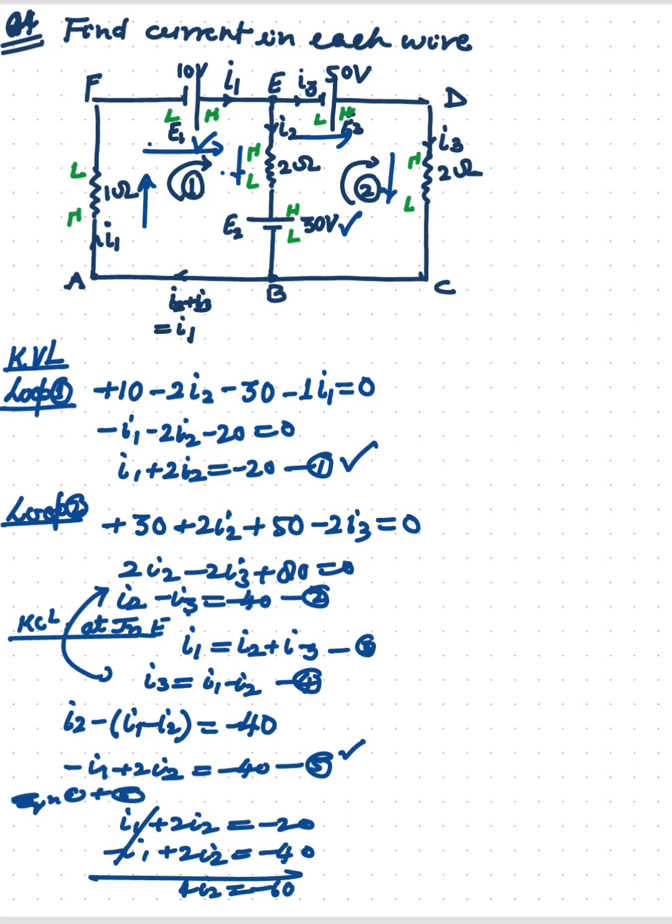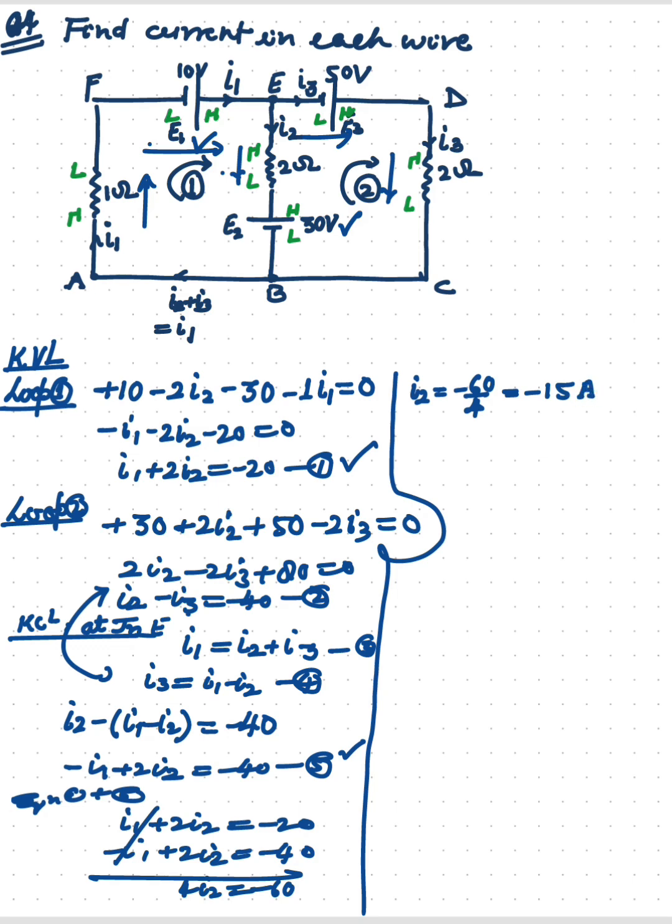Okay, now I have the space here, I am using this space. So I2 is equals to minus 60 upon 4. So this is minus 15 ampere. So here we are getting negative sign.